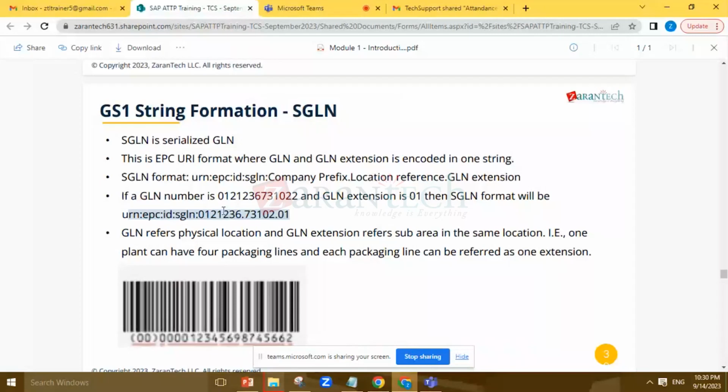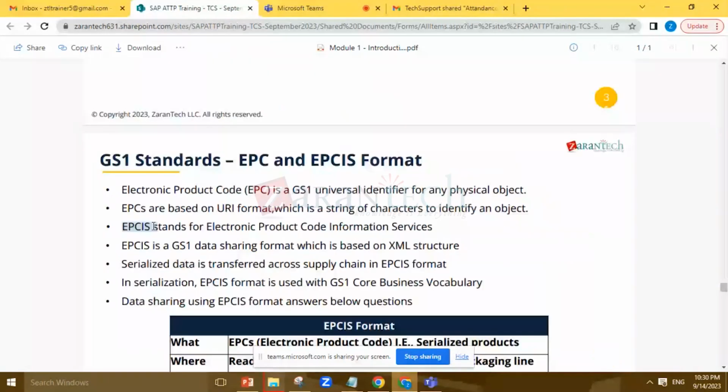Now, what is EPCIS? EPCIS stands for Electronic Product Code Information Services. When we say EPCIS, it is about data exchange. Let's say at my packaging line, 100 products are serialized, that means I have fixed a barcode on 100 bottles.